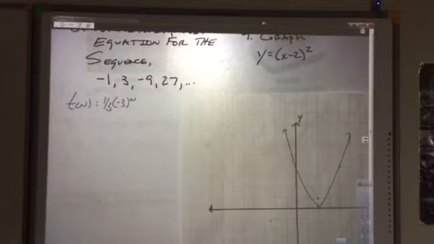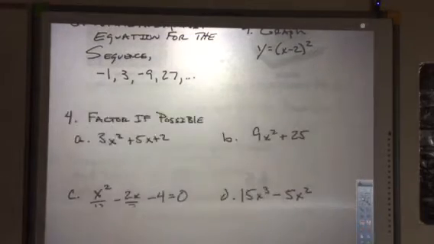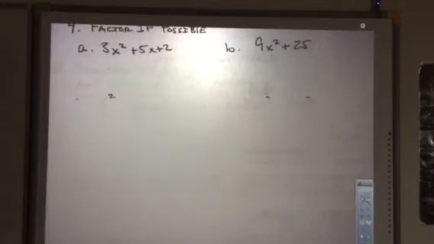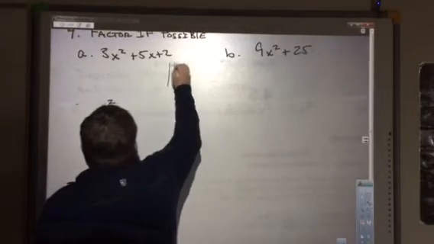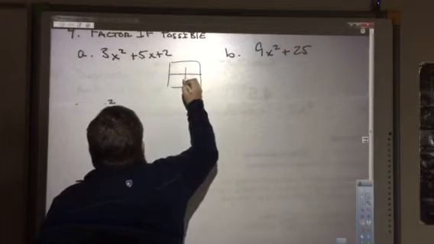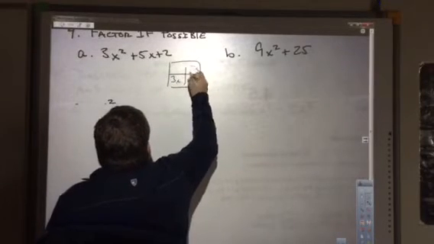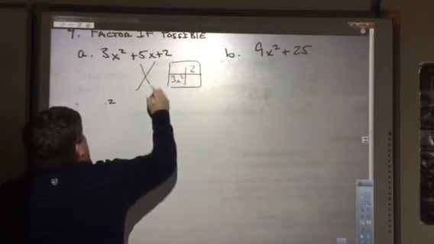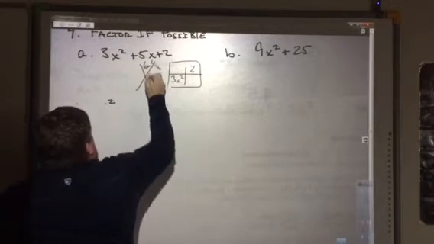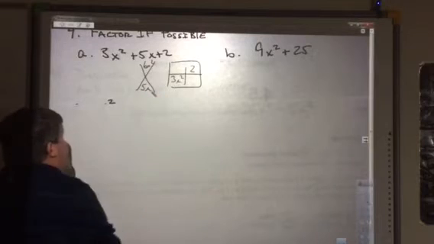So on number 4, we want to factor this if possible. So again, we make the generic rectangle. So we get 3x and 3x over 2. Diamond problem, 6x squared adding to 5x.